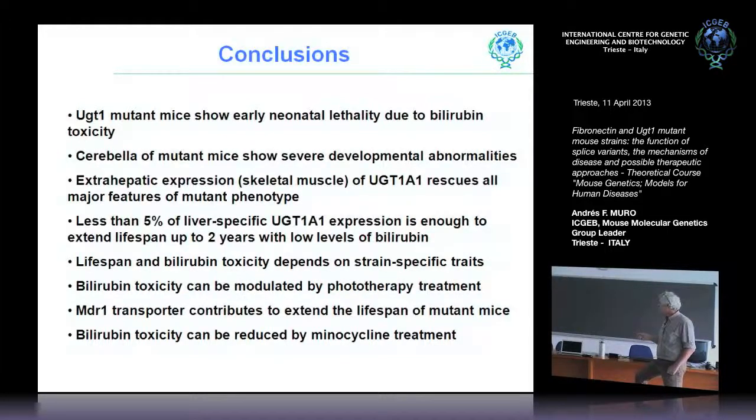We could rescue all major features of the mutant phenotype. We have seen that only 5% of liver-specific UGT expression is enough to confer safe levels of bilirubin. We have seen also that the liver is the best target organ. And we have seen that we can modulate the disease with phototherapy.